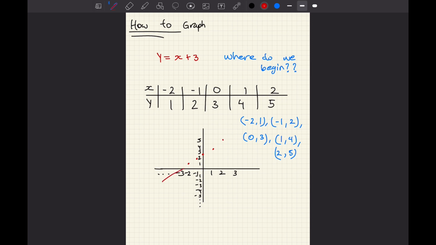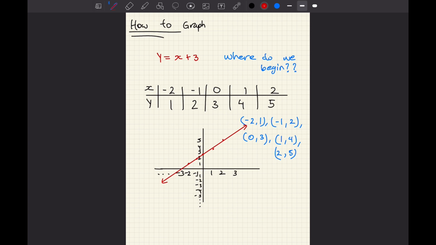And in the end, it should form a straight line. Now, I've created a bit of a dodgy graph here, a Cartesian plane and graph, but the idea stands true.